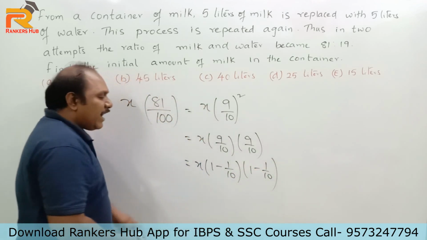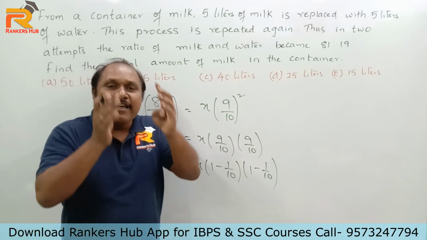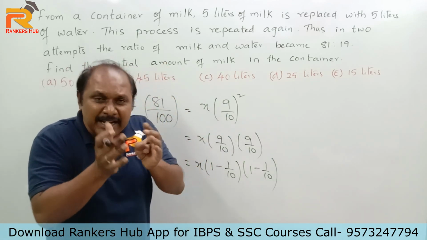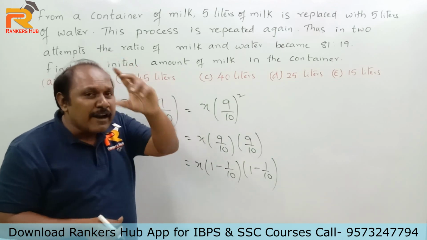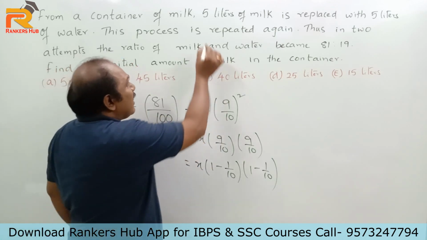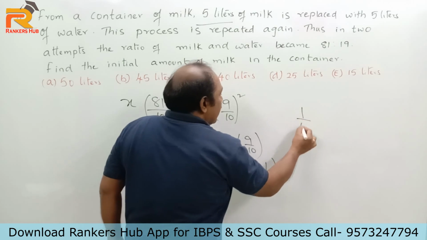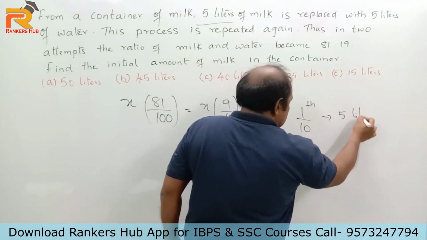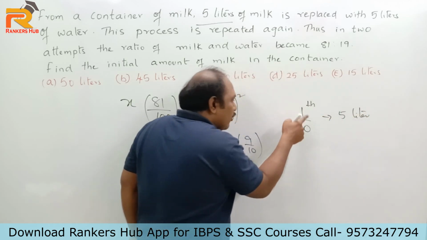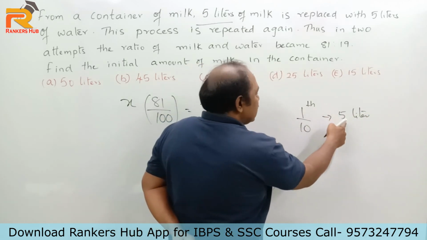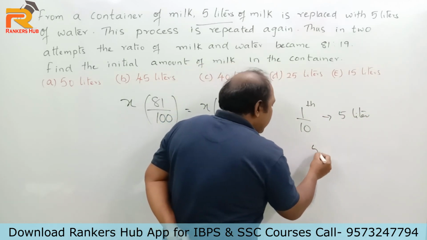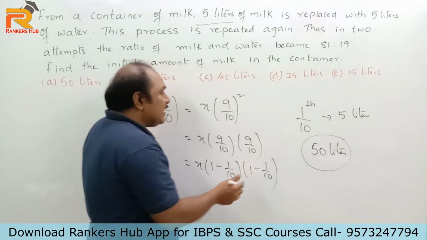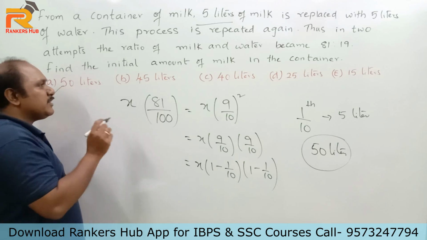It means every time you are removing 1/10th of the quantity from the container. That 1/10th of the quantity is nothing but 5 liters. So if 1/10th of the quantity in the container is 5 liters, 1/10th in the sense 1 part out of 10 parts, if 1 part is 5 liters, then the total 10 parts will be 50 liters. So the total quantity present in the container is 50 liters. So the answer for this question is 50 liters.